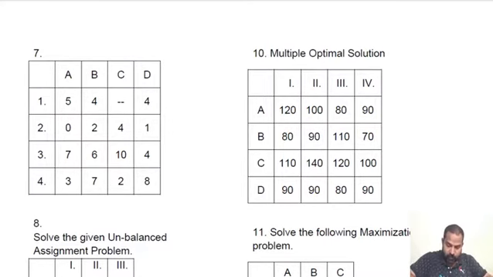This has come out to be a little too close. Let me draw columns so that you understand the difference.